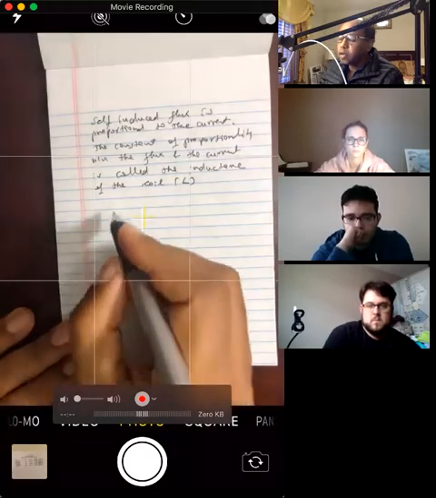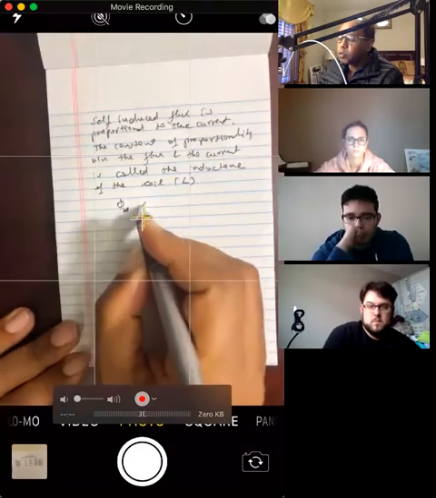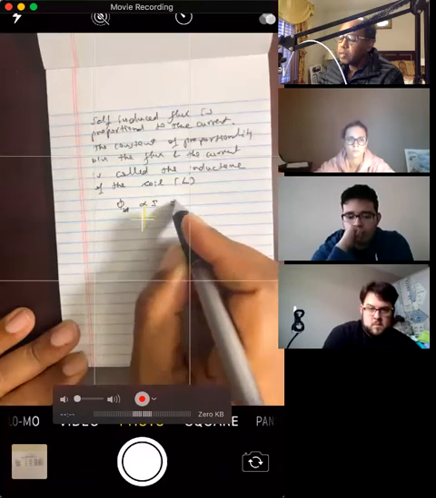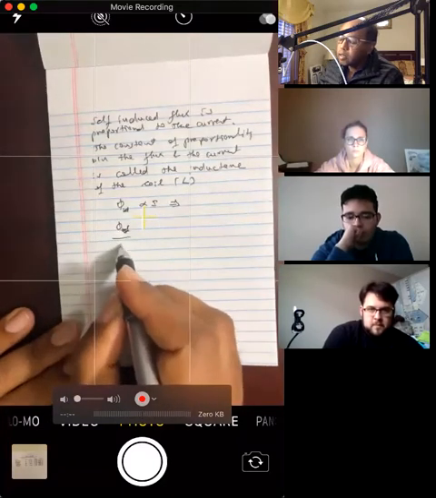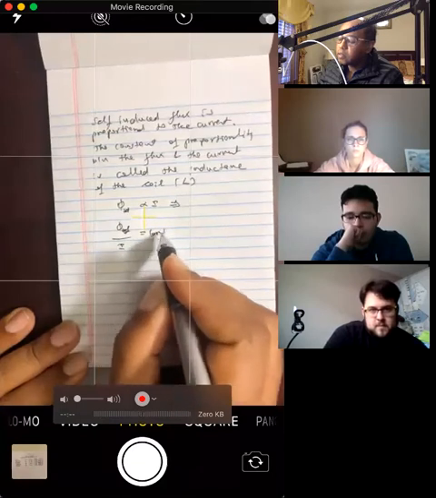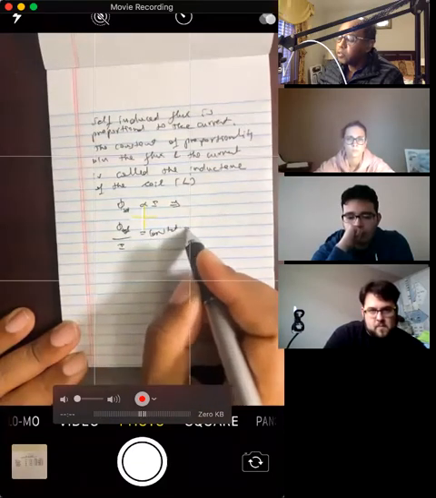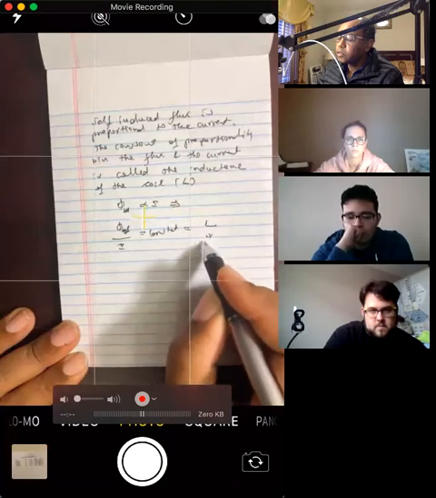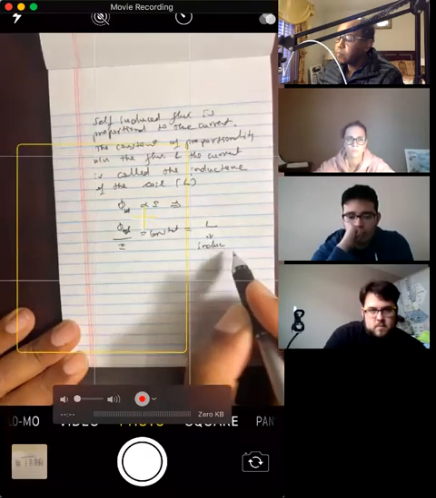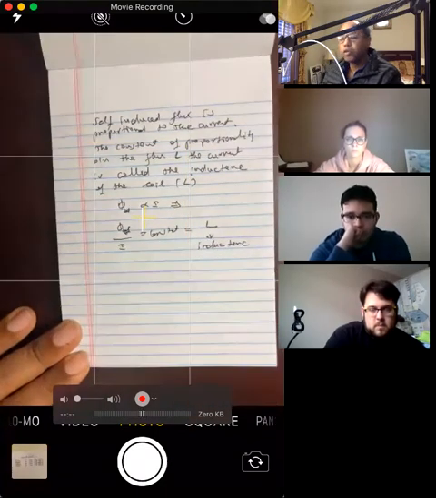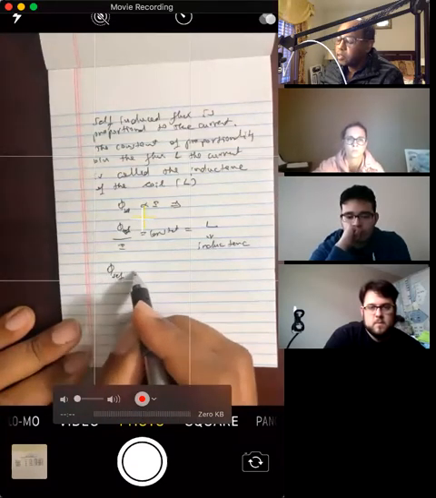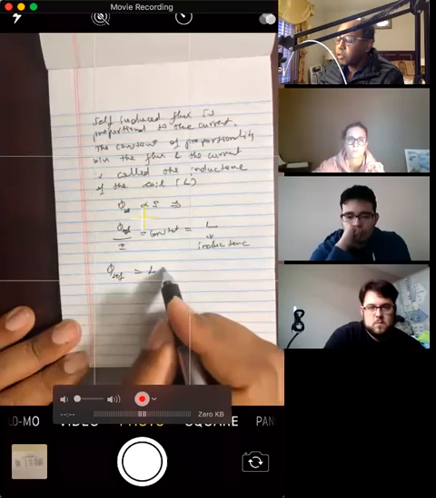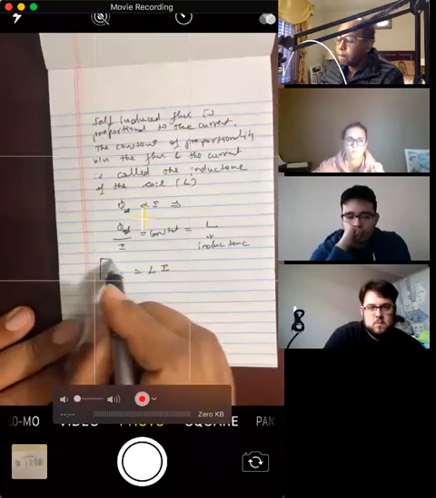So the self-induced flux is proportional to the current. That implies the ratio between the self-induced flux and the current is a constant, and that constant is denoted by L, which is inductance. So we have the following relationship: the self-induced flux is equal to the inductance of the coil times the current.